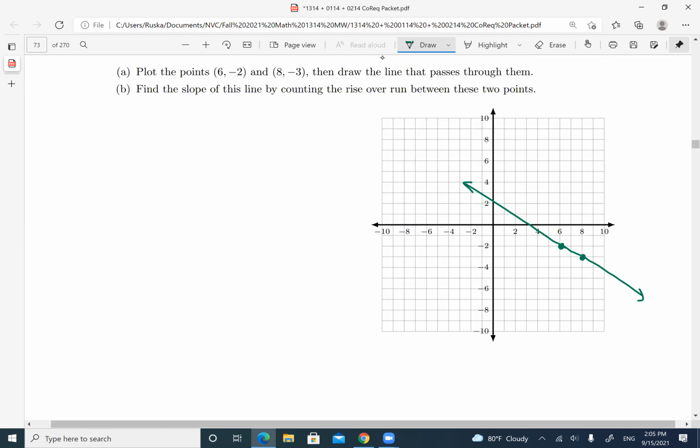Then what are they asking after that? Find the slope of this line by counting the rise over run between those 2 points. So what is the rise, or what's happened here? What is the slope?